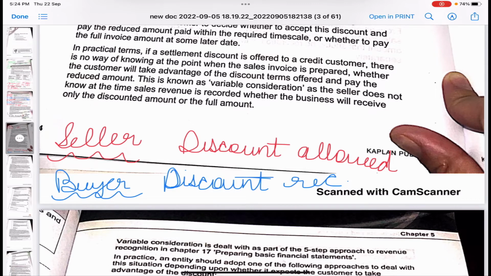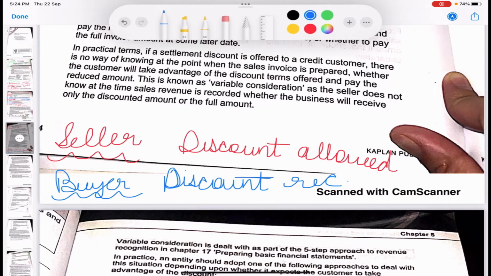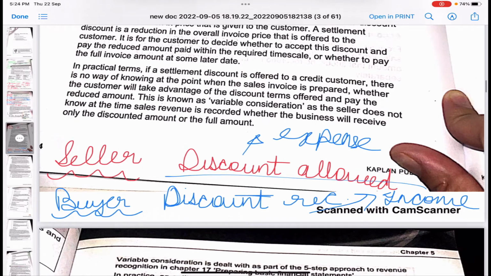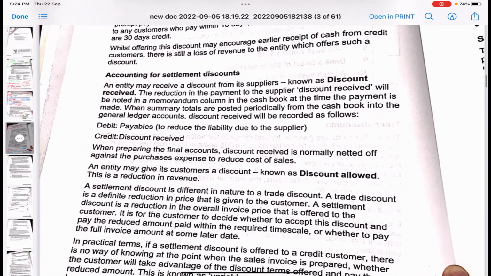You are happy with it. It is an income for you. It is a gain for you. But it is a loss for me because I'm losing out on some of the money. So for me, it is an expense. It is an expense for the seller, and it is an income for the buyer. All right, are you able to understand what I'm saying?